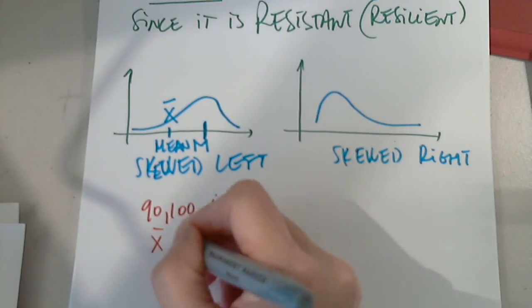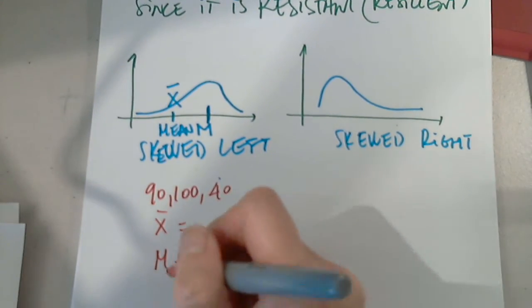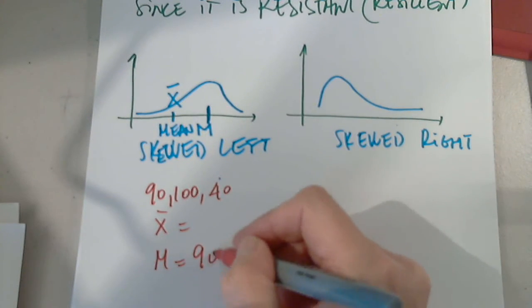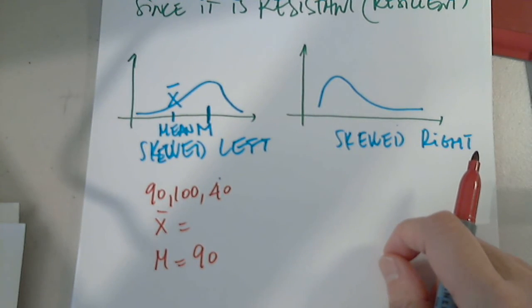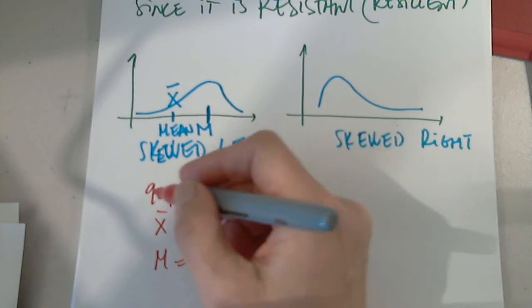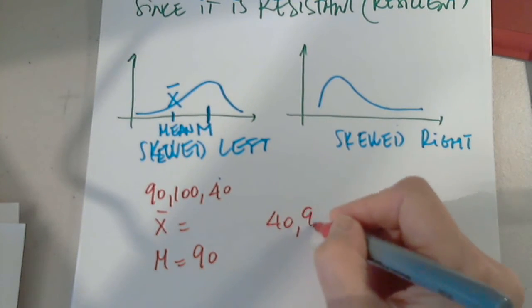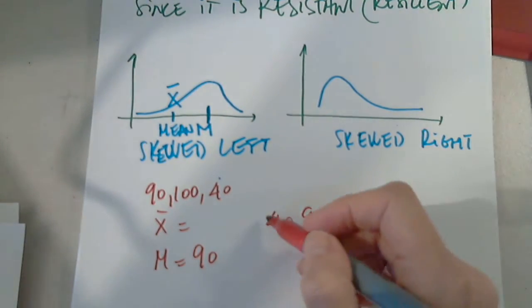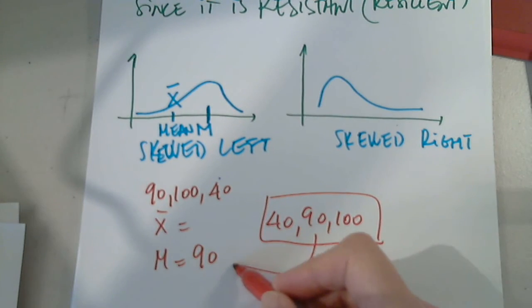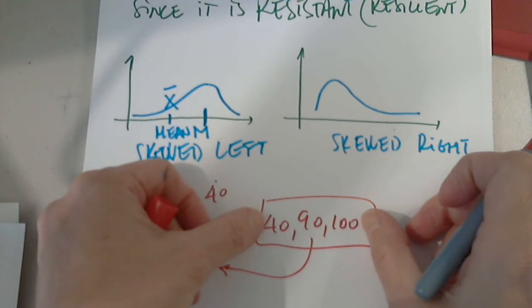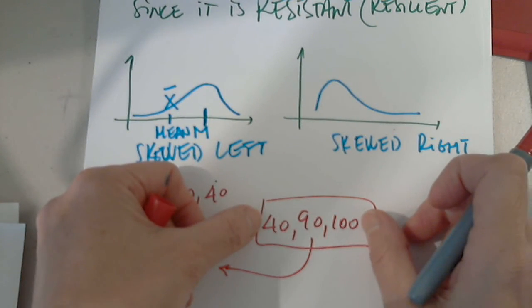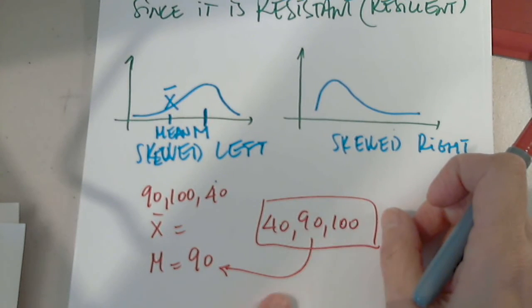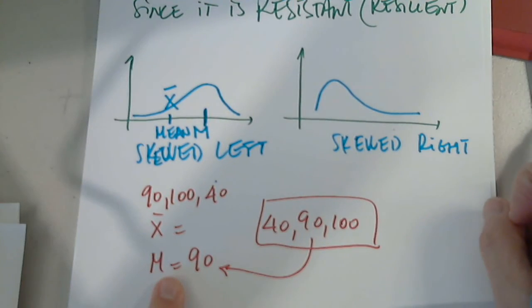X bar, the mean, will move, and the median will still be 90, because when I arrange these three scores, 40, 90, and 100, in ascending order, the data set has an odd number of entries, so the median will still be a good score.